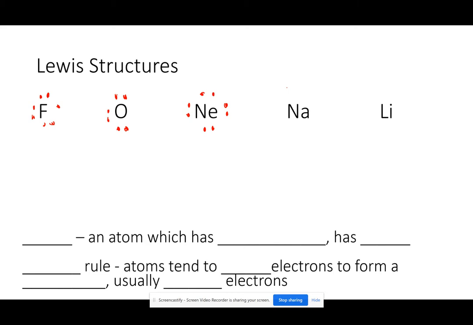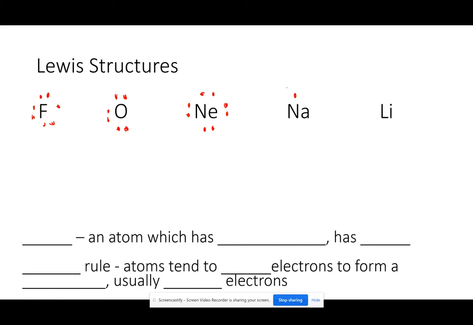Let's now do sodium. If we were to draw the Bohr diagram for sodium, how many electrons would it have on its outer shell? It would have 2 on the first level, 8 on the second level, and 1 on the third level. So I'm just going to draw sodium with 1 electron.